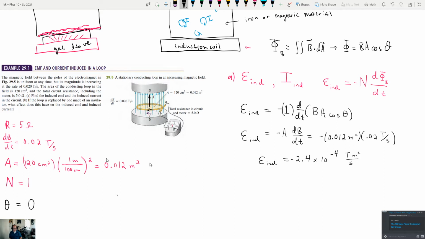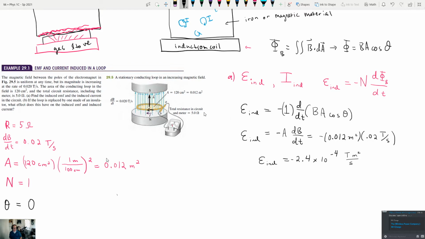Yep. Mm-hmm. What would happen if the magnetic field was decreasing at a rate of 0.02 Tesla per second? Then this would be negative, right? And the answer would have been positive. So that's actually what the negative sign tells you. If the field is decreasing, your answer is positive, but if it's increasing, your answer is negative.